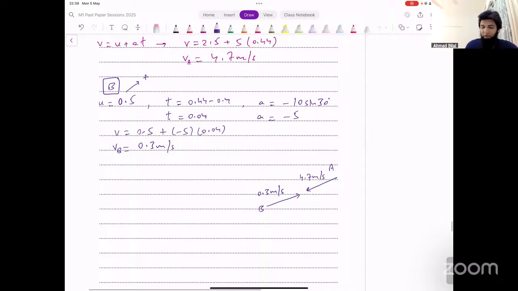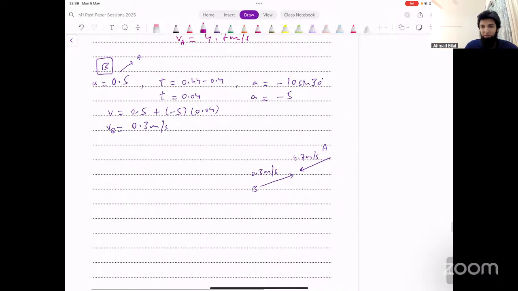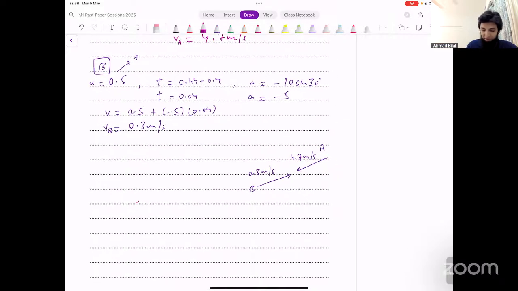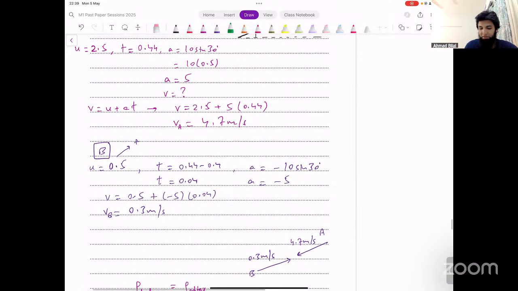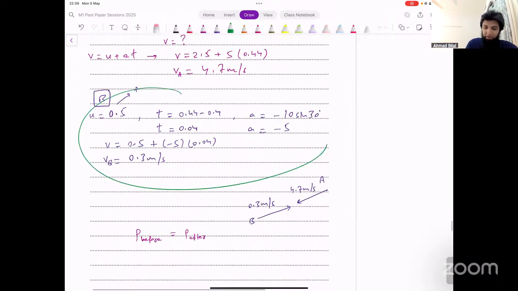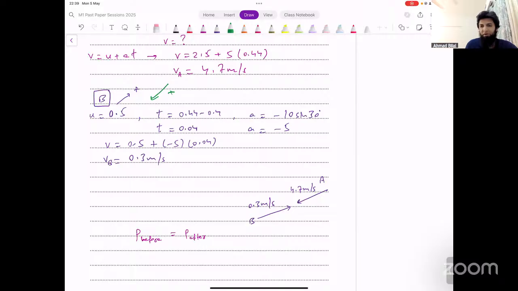And now we have to apply conservation of momentum. In conservation of momentum, now, we have to consider the same direction positive. It depends on which direction we're taking positive. So in this part, if you took downwards positive for B, first of all, I would not recommend that you do that. That will make you do careless errors.